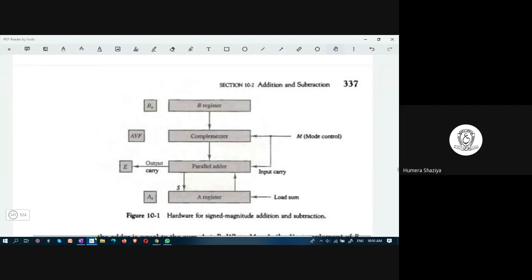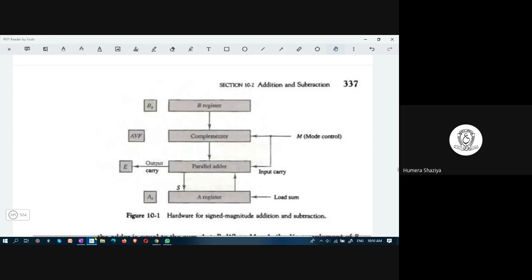AVF is the overflow bit, the addition overflow bit. When you perform addition, and if there is an overflow carry, that would get stored here.